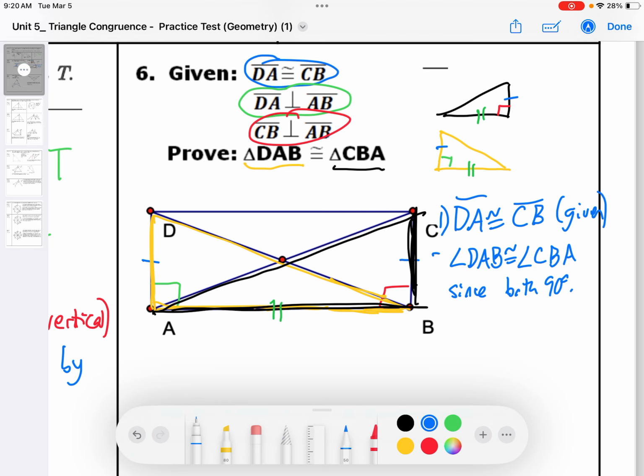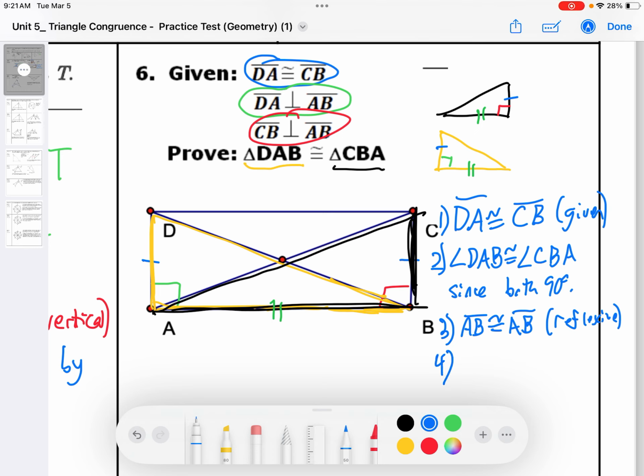So this is 1 and 2 and 3 would be AB is congruent to itself. That's talking about this side. And I'll just write of course, but I guess it would be by the reflexive property. So we'll say reflexive there, but you can just say of course because it's equal to itself, right? AB and AB are the same thing.